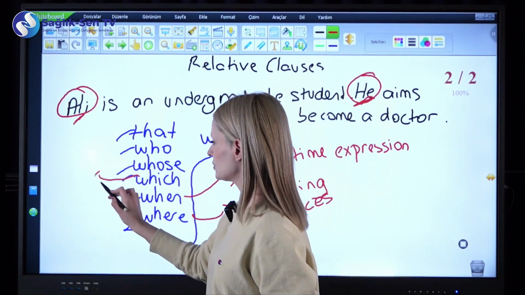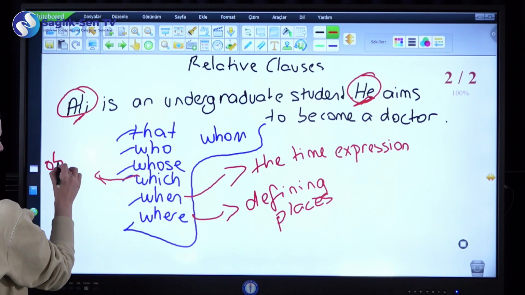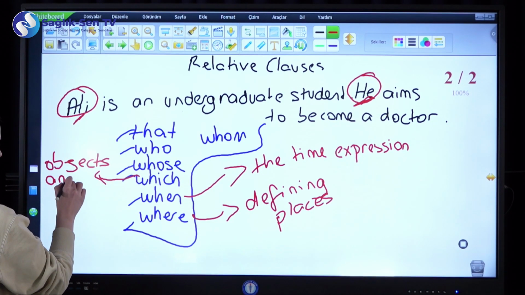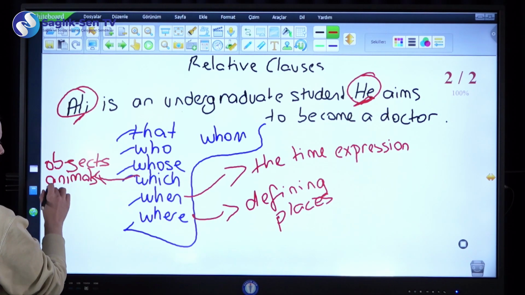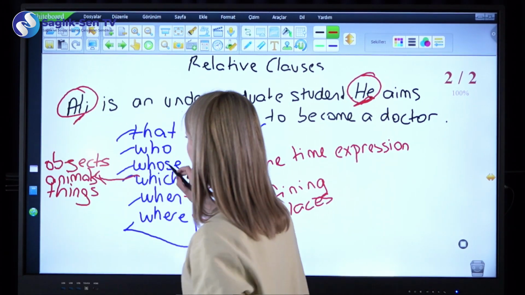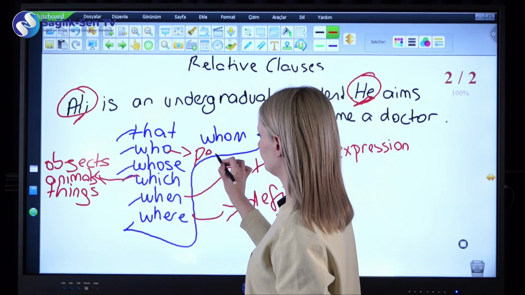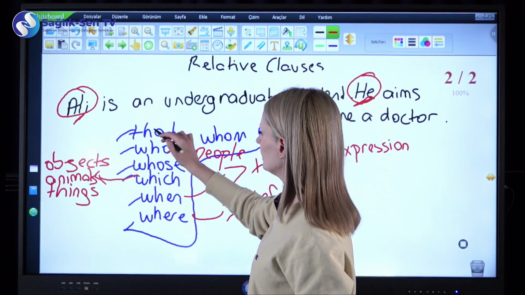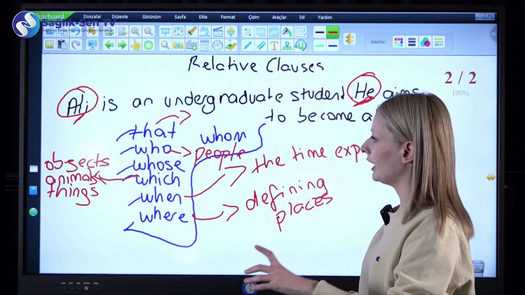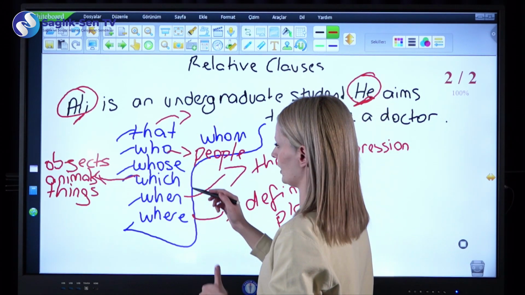We have which, which we can use for objects, animals, things. We have who to define people. We have that, which is pretty similar to which, and we use this one for both people and objects.